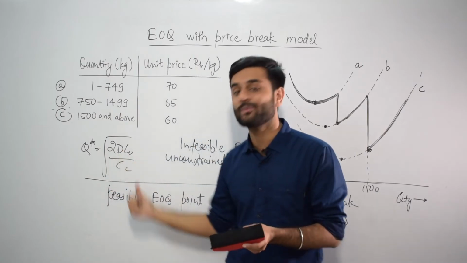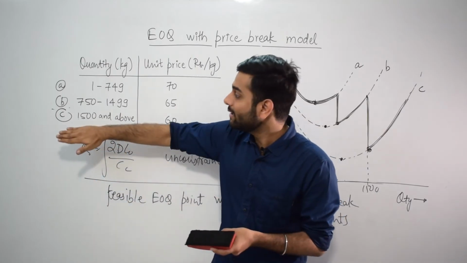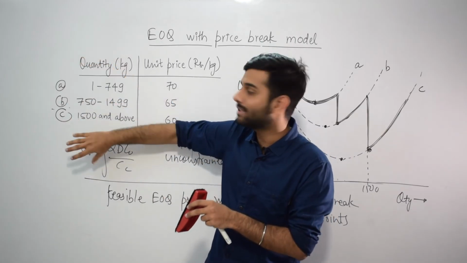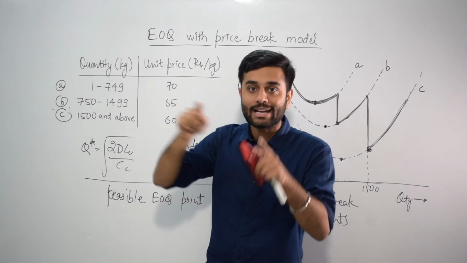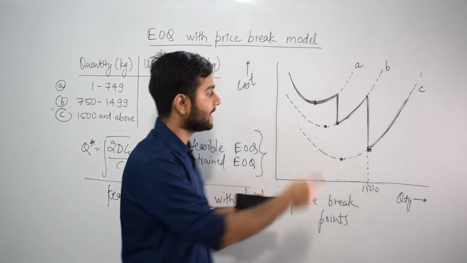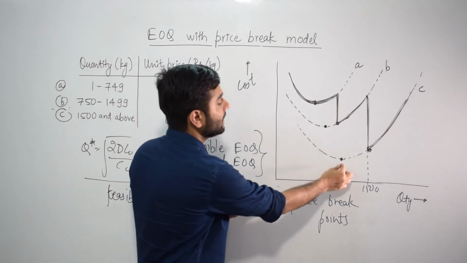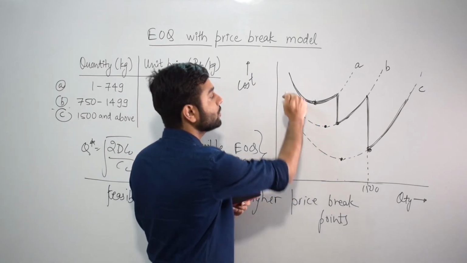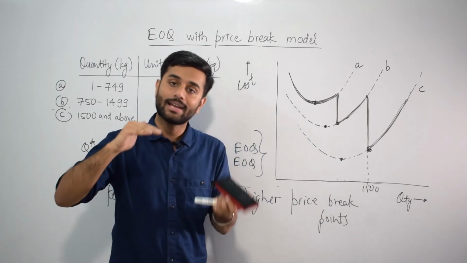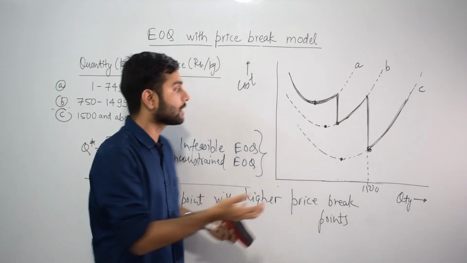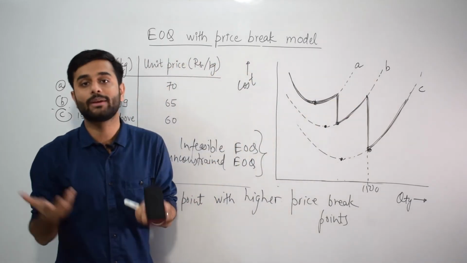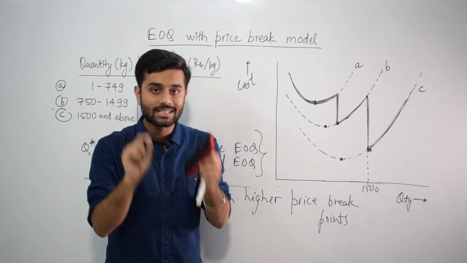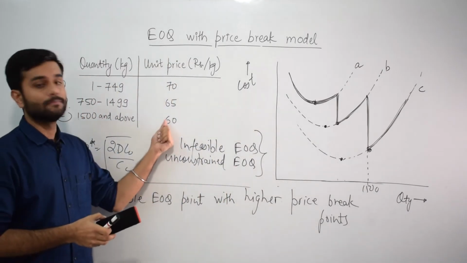That's why I told you to start from the bottom, because even if you have a feasible EOQ in a higher price slab, it will have a higher total cost, right? When you are moving from C to A and comparing different EOQs, the total cost at EOQ is increasing. If the total cost at EOQ is high, obviously the total cost at any other point on that curve will be high, because EOQ represents the lowest cost. True? That is why I told you to move from the bottom.